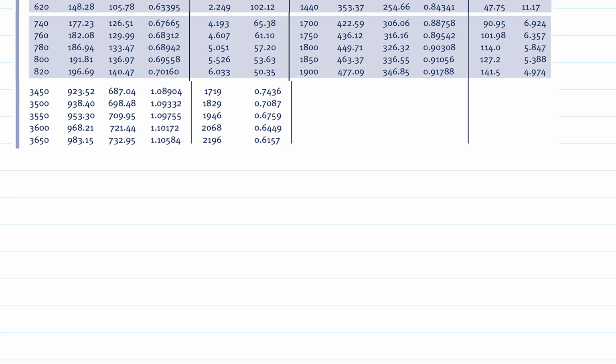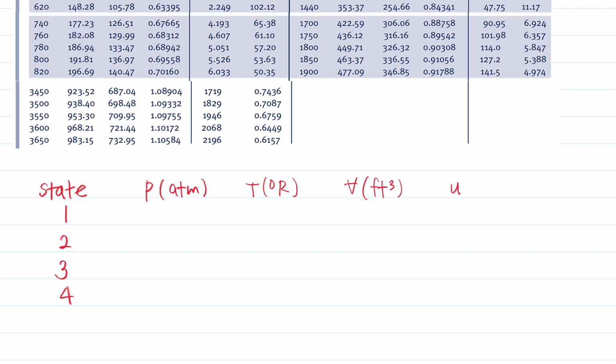I'm going to begin with creating a table with properties in each state. So we have 4 different states: pressure in atm, temperature in degrees Rankine, volume in cubic feet, specific internal energy in BTU per pound.